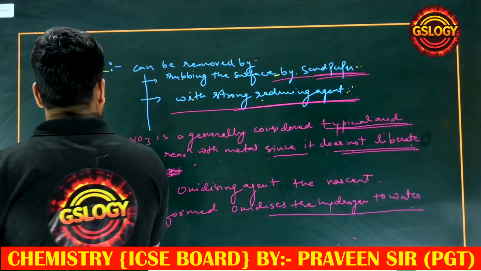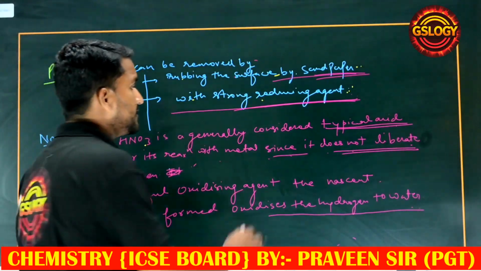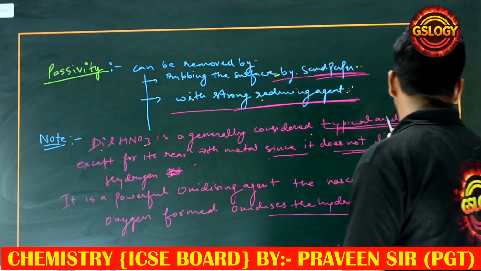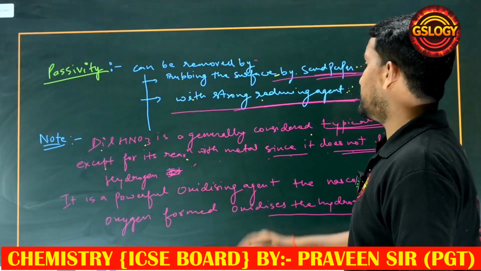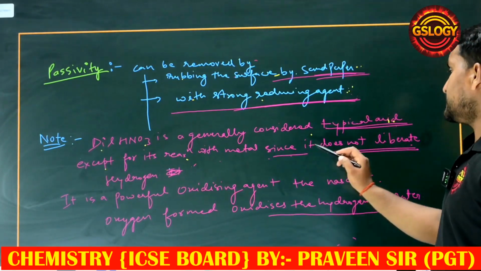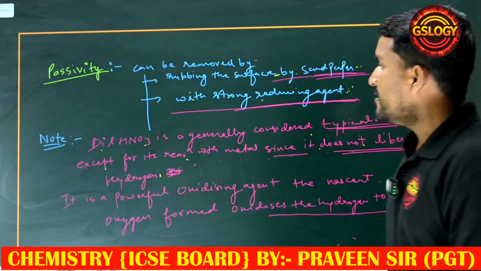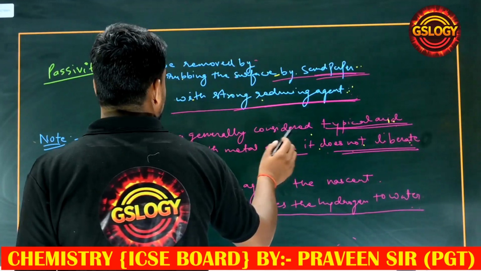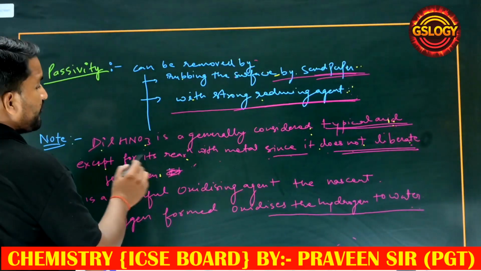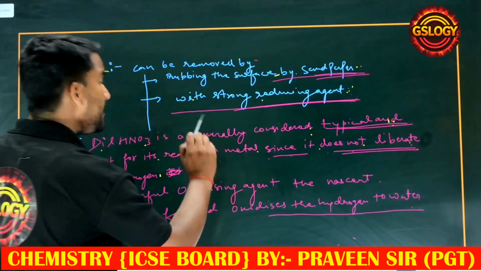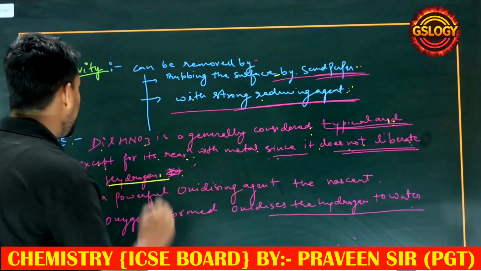Note: dilute nitric acid is generally considered a typical acid except for its reaction with metal, since it does not liberate hydrogen.